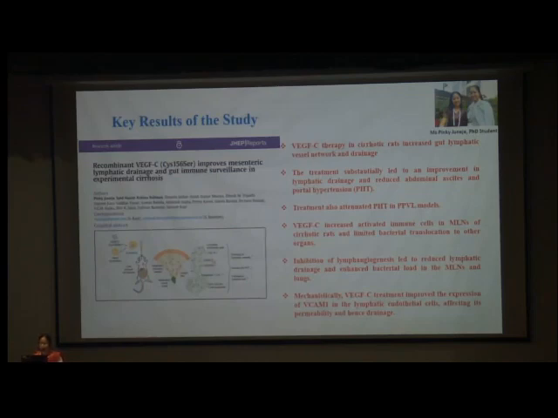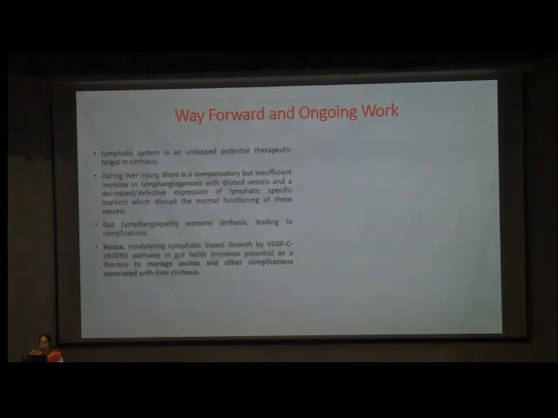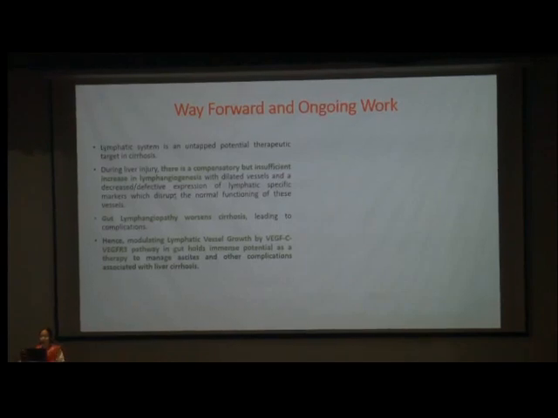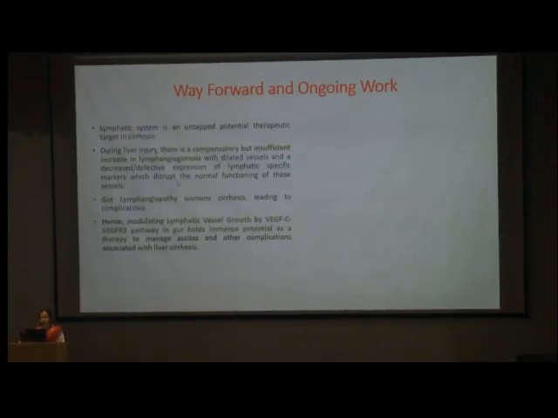Coming to the last slide, we know that the lymphatic system is an untapped potential therapeutic target. During injury, there is a compensatory increase in lymphangiogenesis, but this is insufficient because the vessels are dilated and there is a decreased expression of some of the lymphatic-specific functional markers, which disrupts the normal functioning of these vessels.